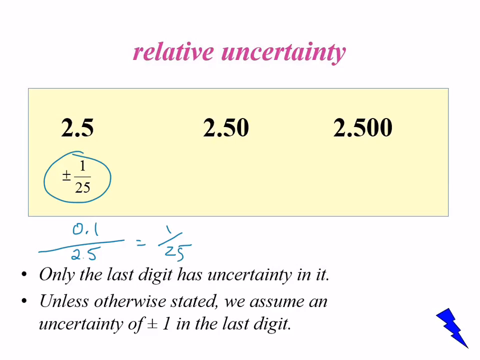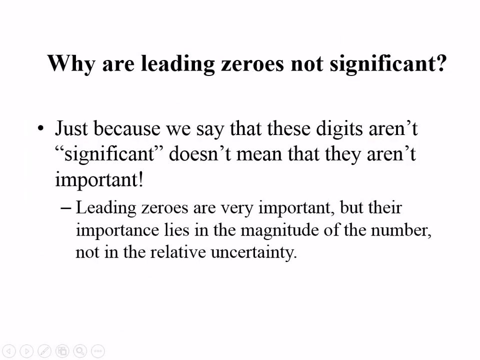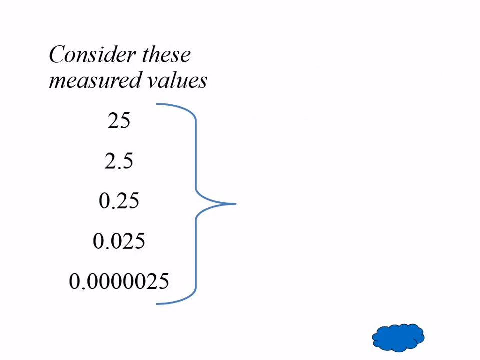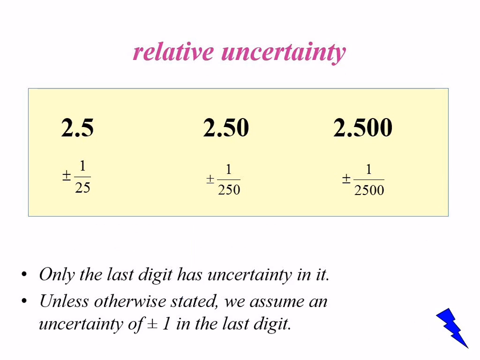Okay. In this one, we said that the uncertainty was plus or minus 0.01. If we take 0.01 and we divide that by 2.50, move the decimal place over, that's equal to 1 over 250.